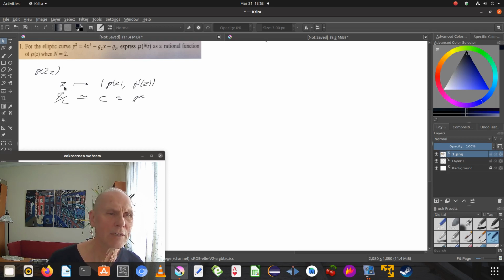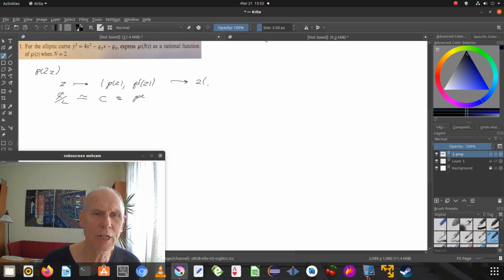So if z is mapped to 2z, now I'm speaking American, sorry, then we get twice the point. So this is the point, which in turn is mapped to 2 times the point, which equals the value at 2z.